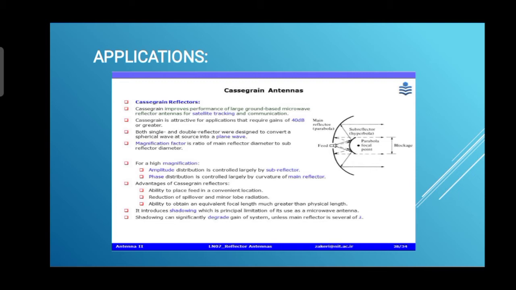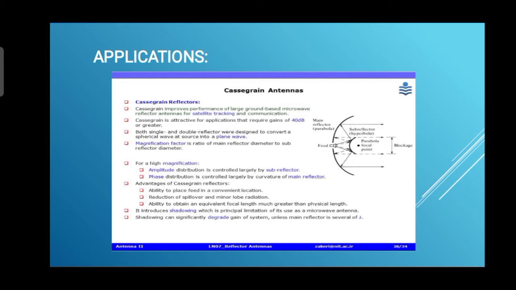For a high magnification, amplitude distribution is controlled largely by the subreflector, and phase distribution is controlled largely by the curvature of the main reflector. Advantages of Cassegrain reflectors are the ability to place the feed in a convenient location, reduction of spillover and minor lobe radiation, and the ability to obtain an equivalent focal length much greater than the physical length.